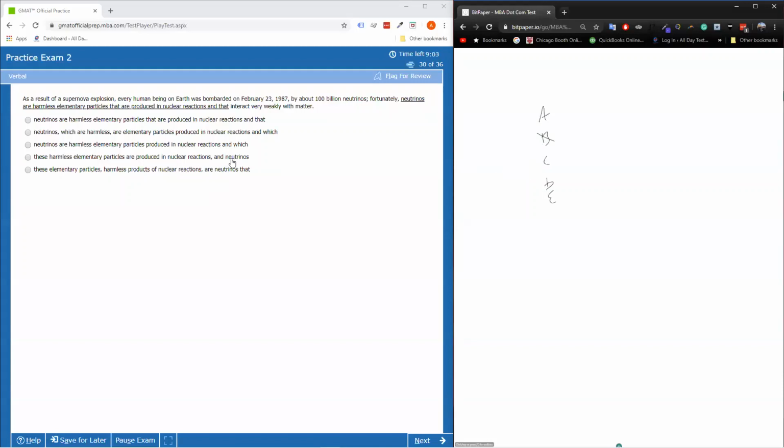No, because it's not parallel. Fortunately, these harmless elementary. No. It's not fortunate that they're produced in nuclear reactions. It's fortunate that they're harmless. No, the same problem. So I like A.